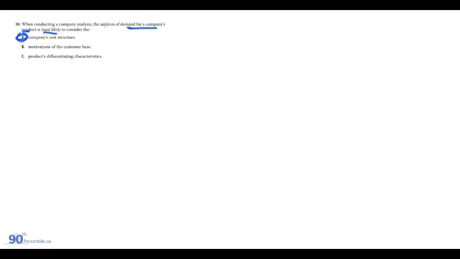They're mentioning these factors in isolation. So we could even go down the list and you would see that this is the best answer. Motivations of the customer base, of course, are going to be an important part in demand for a product. That's not the answer. And the differentiating characteristics, of course, are important as well. So definitely A is the best answer.